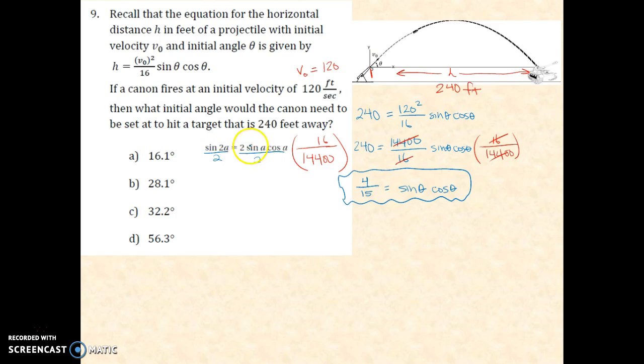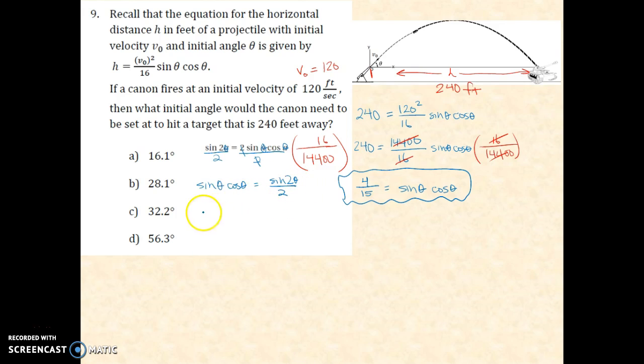So then I get sine, and I'll just change the A's to thetas. It doesn't matter what letter you pick. And I'm going to switch sides here. So sine theta cosine theta equals sine of 2 theta divided by 2.